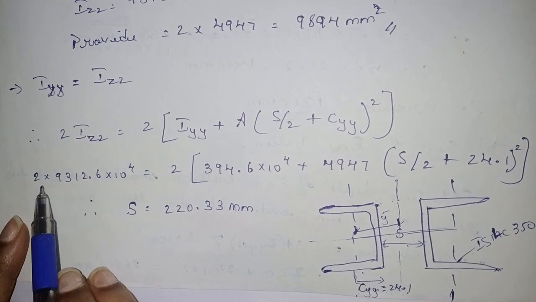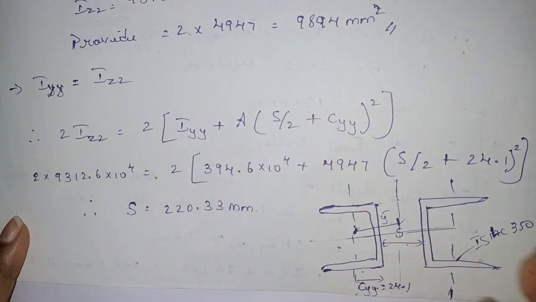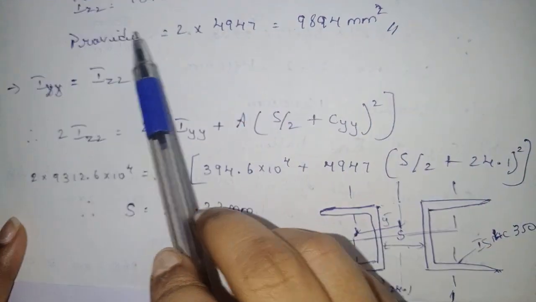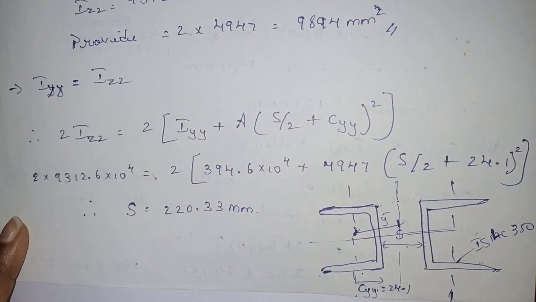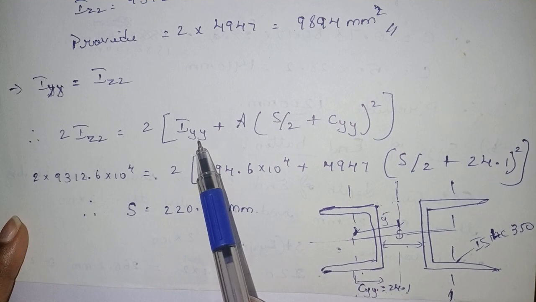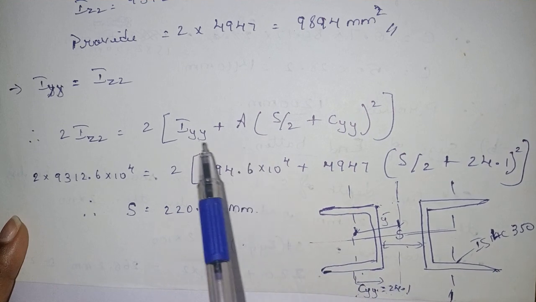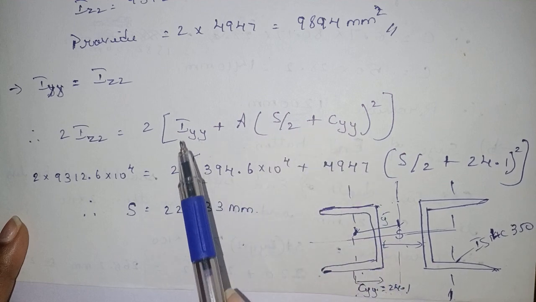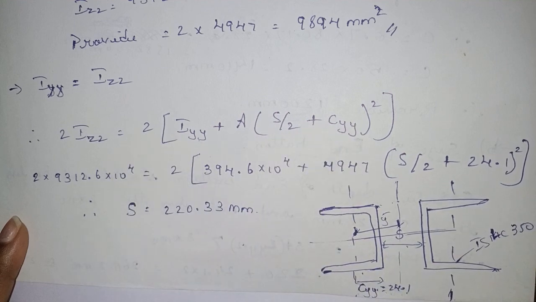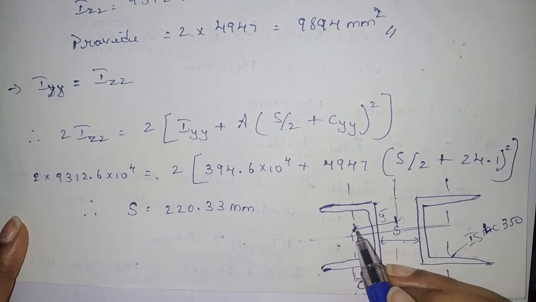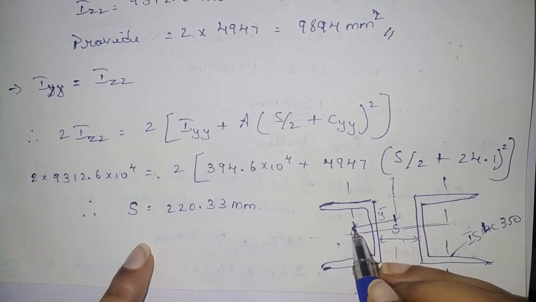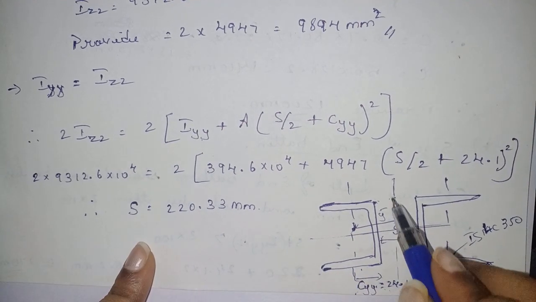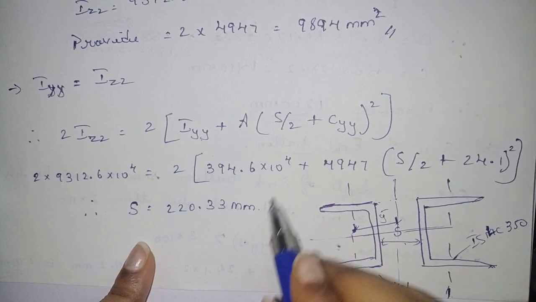You multiply it by 2, because whatever Ixx and Iyy are written here is for a single section. So you multiply it by 2 to get the double section. Okay, you already know this, right? In your earlier studies you have learned Iyy plus area into y bar square will give you Iyy of a built-up section. So what is y bar? It is the distance from the CG point of a particular channel section to the center of the whole assembly.